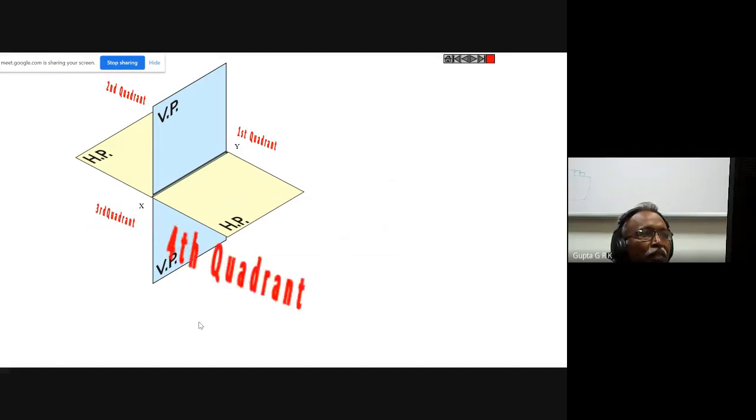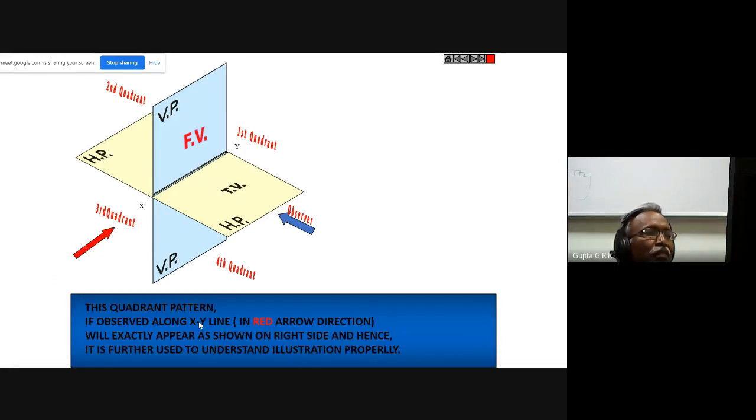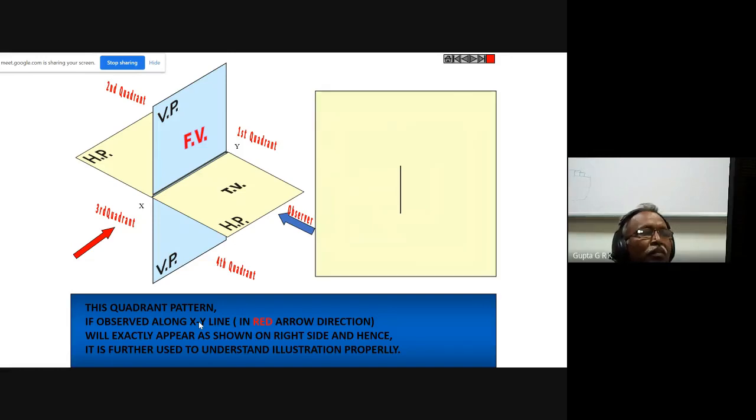First quadrant, second quadrant, third quadrant, fourth quadrant. If I observe from the left side, this XY completely becomes a single point, and HP and VP become lines, like a graph sheet.